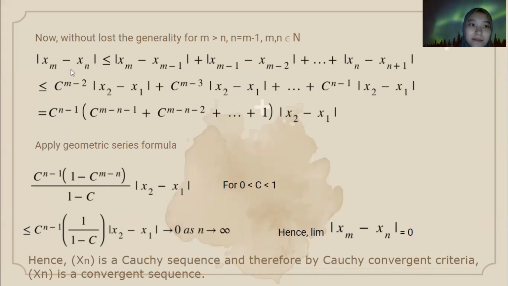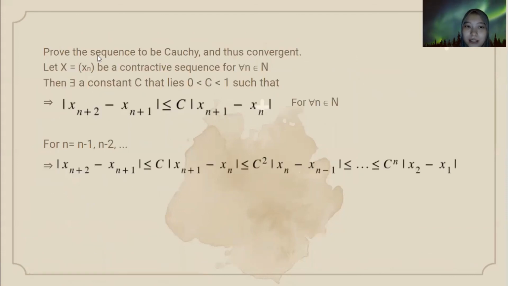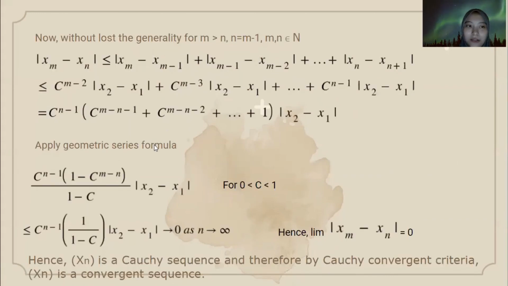|xm - xn| is smaller or equal to |xm - xm-1| + |xm-1 - xm-2|, and so on, up to |xn+1 - xn|. So we can apply this into this.